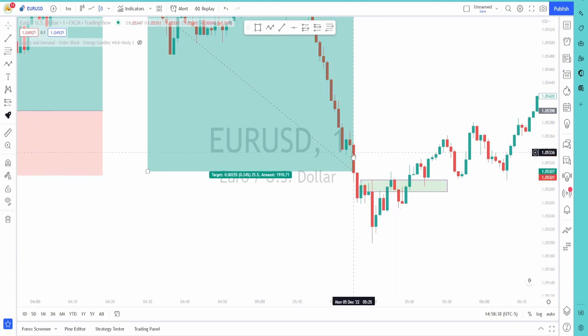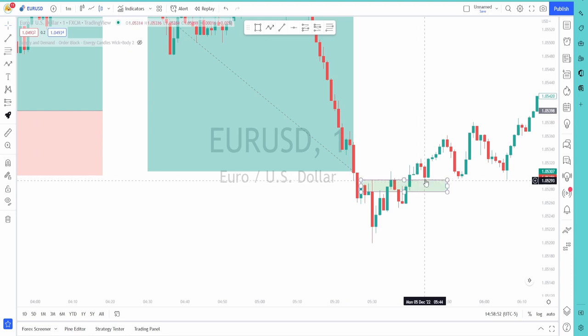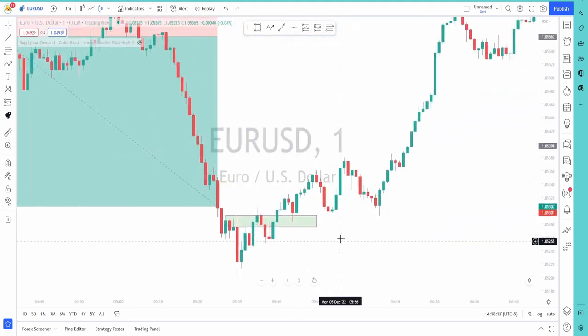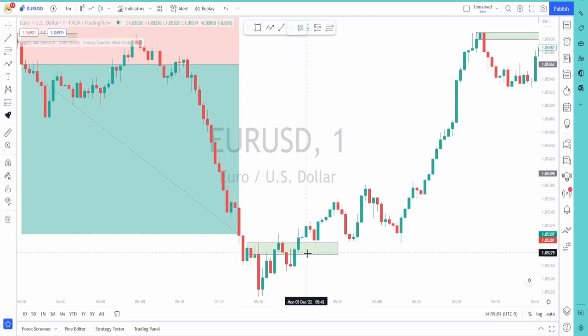Price makes a shift after making lower highs and lower lows. This is the first point where you can see that it pushes above. So right here, it comes back and retests that area. And when you see that, you would get in on the trade again.